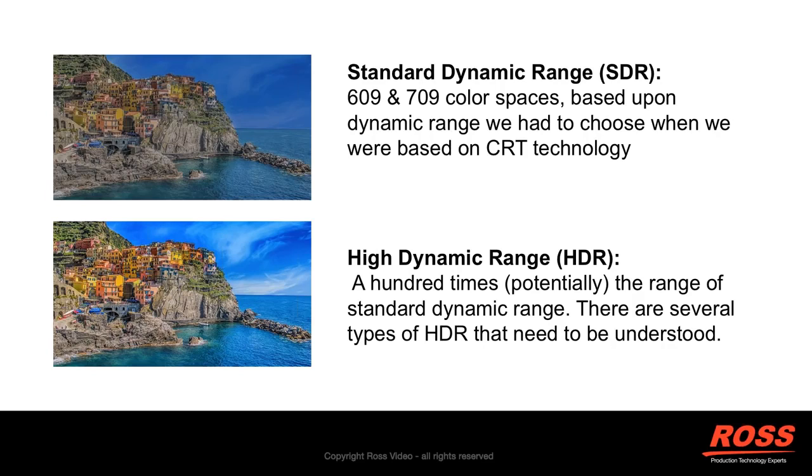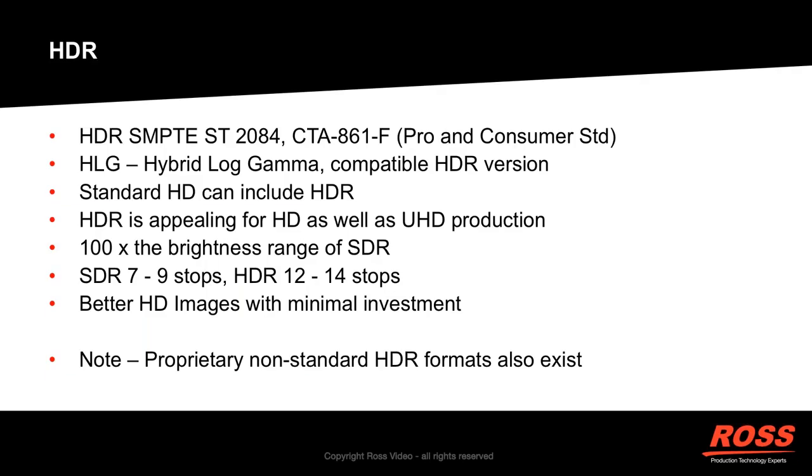All of our modern displays are capable of much greater dynamic range, and so new standards exist to be able to produce with up to 100 times the range of what we call standard dynamic range today. And there are several types of HDR formats that we can adopt, and there are pros and cons. Just again, I'm not going to bore you with the real details. We can discuss this later, and if you've got questions, we'll be happy to answer them.